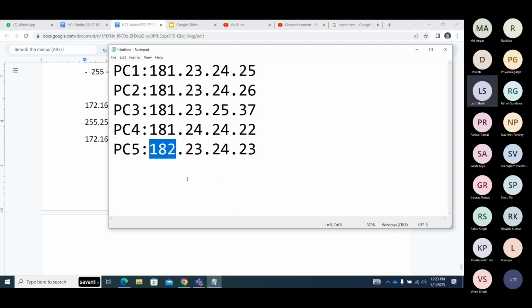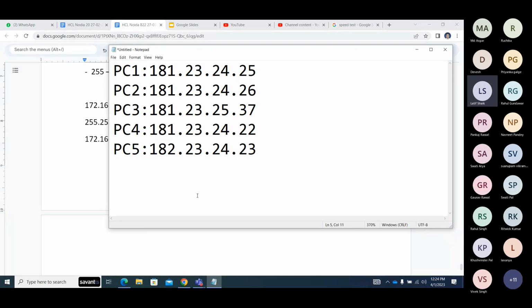What will you do? Anyone guess the answer? No problem, right or wrong. You entered the IP address wrongly. Now you realize what to do. We can change it, because an IP address is changeable.